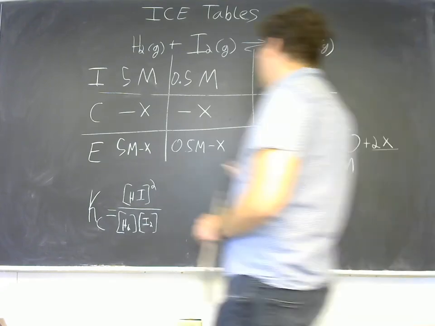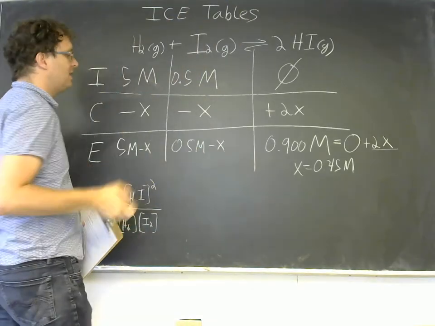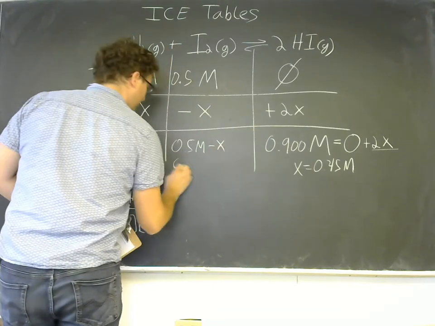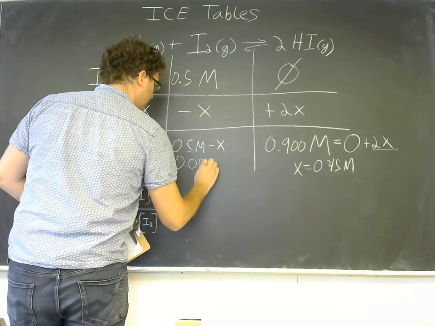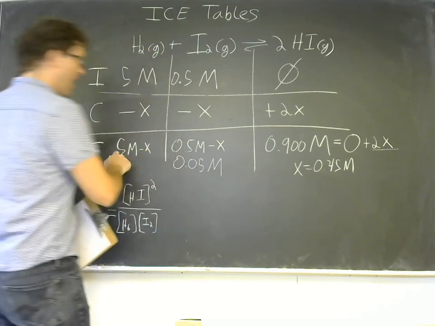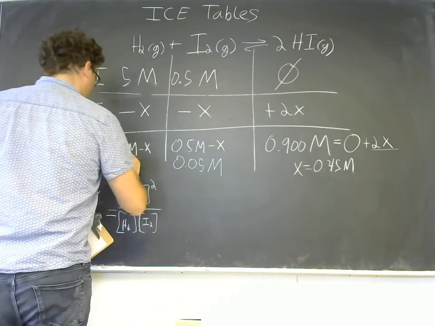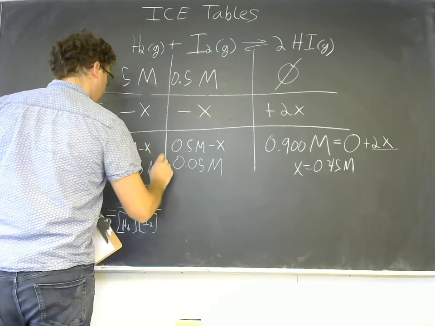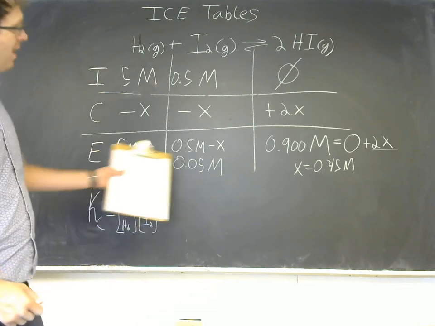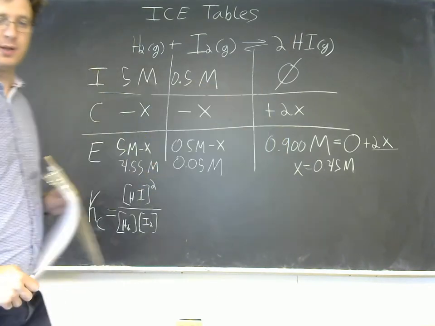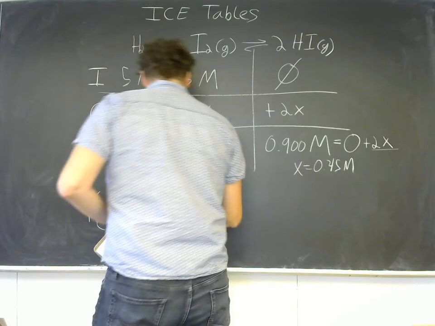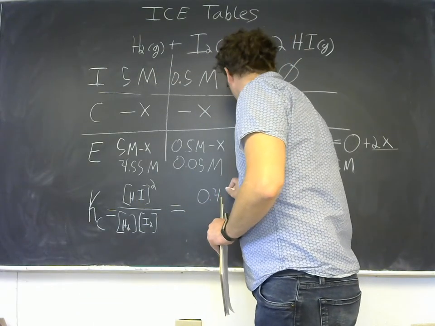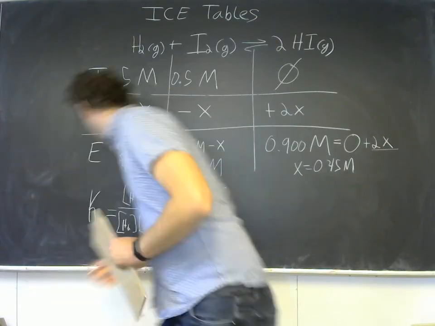And so we can now calculate these molar concentrations. 0.5 minus 0.45 is 0.05 molar, and 5 minus 0.45 is going to be 4.55 molar. Now we've got actual values for our equilibrium concentrations, and we can place them into our equilibrium expression. Oh no, sorry, that's wrong.